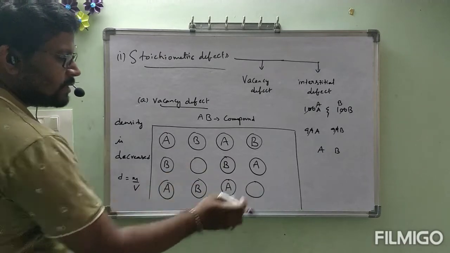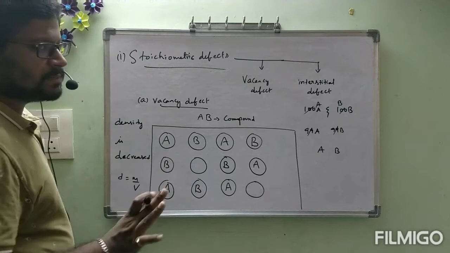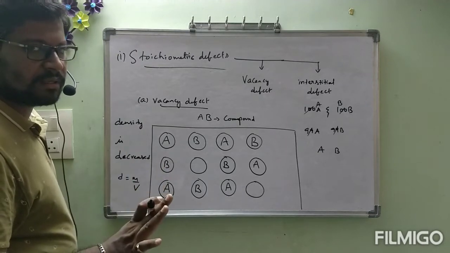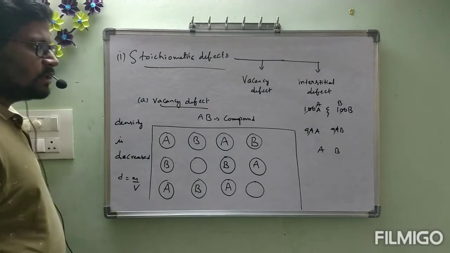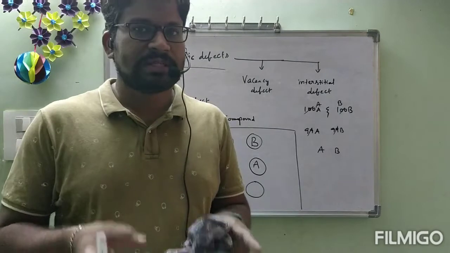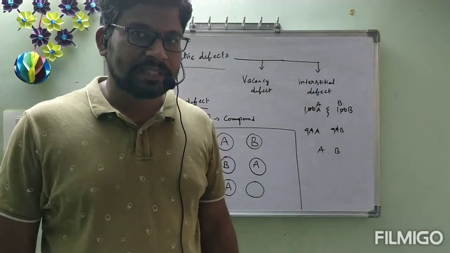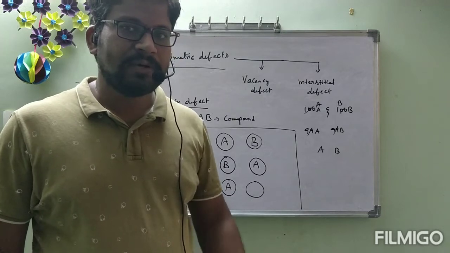A particle is not there, B particle is not there. In the actual perfect crystal, A and B particles must be there. But while the compound was being formed, we observed some defects. Because of this defect, A particles and B particles are missed.